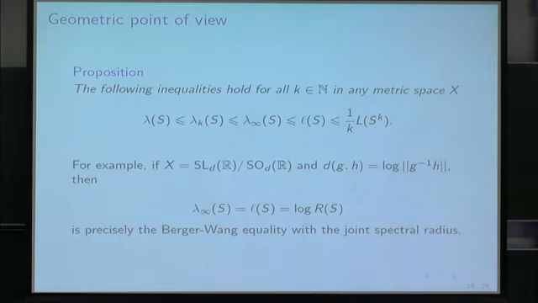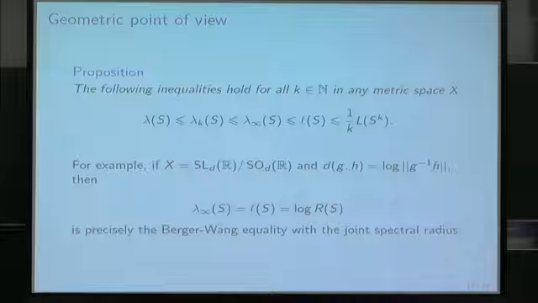How do you recover the joint spectral radius from this? For example, take the symmetric space of SL_d(R). Instead of the usual CAT(0) metric, you take the metric given by the log of the operator norm of g inverse times h. This is one of those norms that Anne Parreau was talking about in her talk, when she was looking at Finsler norms.